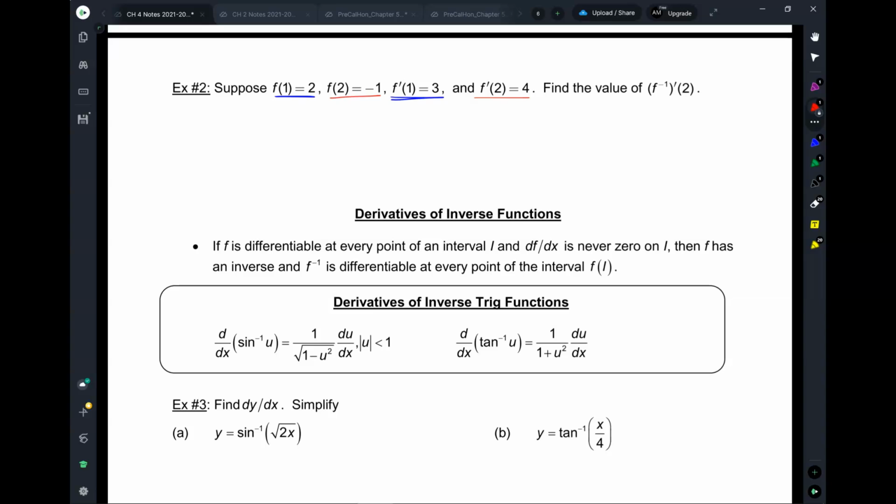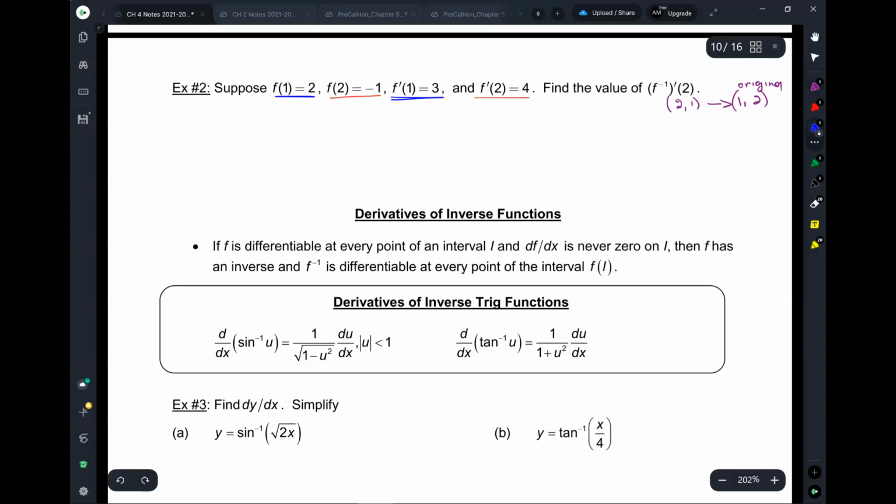But remember, if this is the new x, it was the old y, right? If this is 2, 1 on the inverse, it's 1 comma 2 on the original. So it's just f of 1.